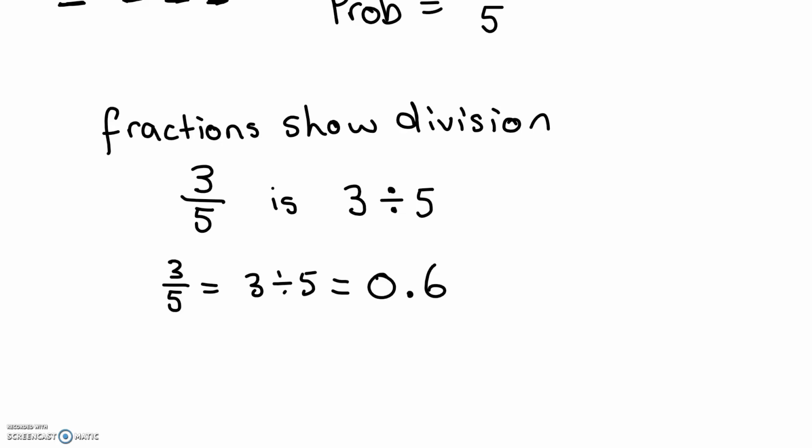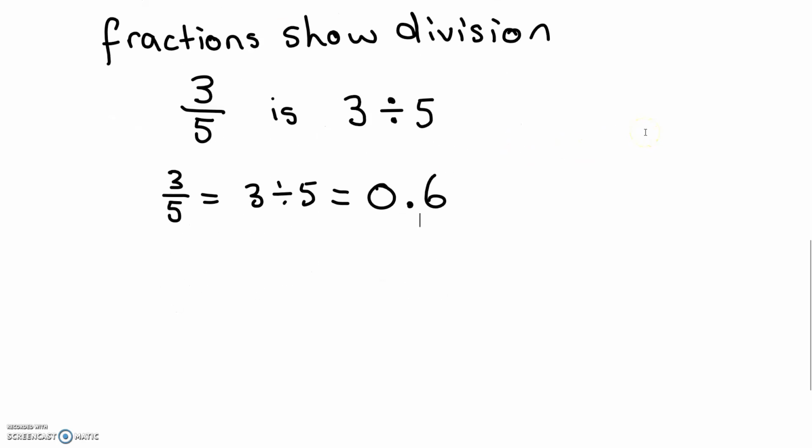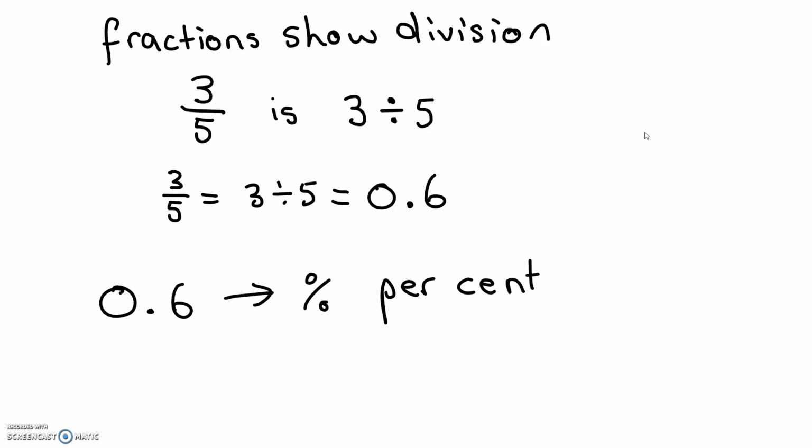Cool, we've got a decimal. It's pretty interesting to get things as a percentage though. So let's take this 0.6 and we're going to turn it into a percentage. And a hint for what to do here is the word percent itself. Percent, per 100.